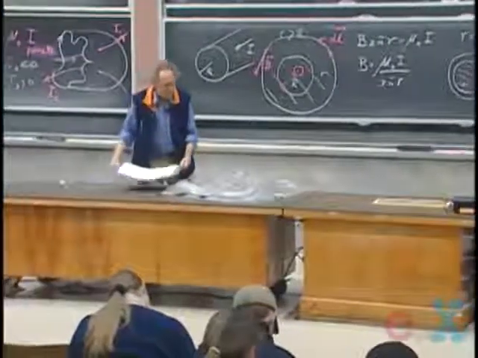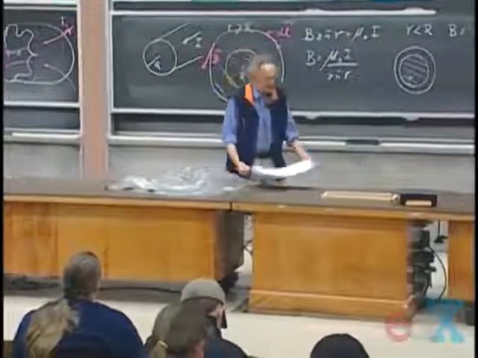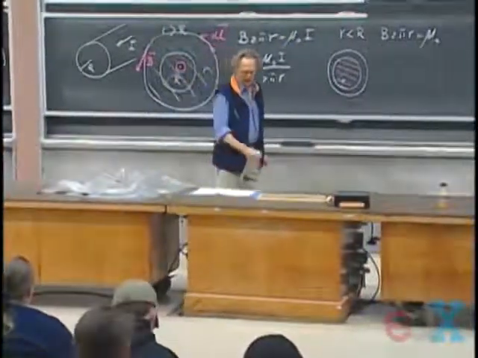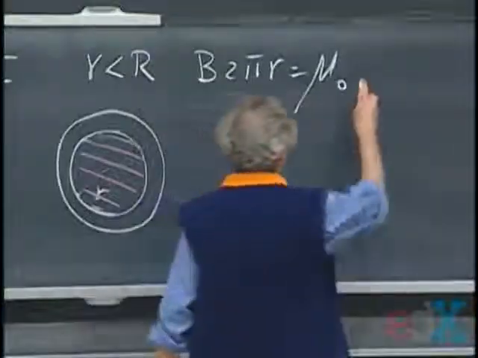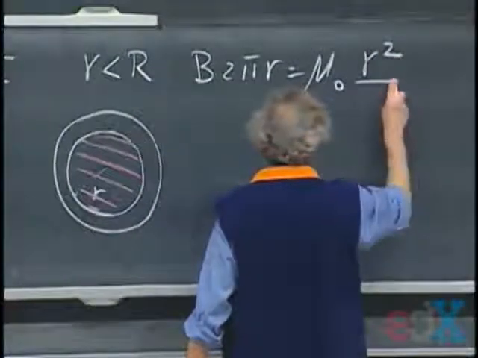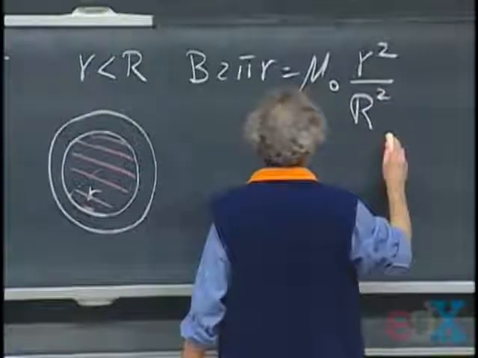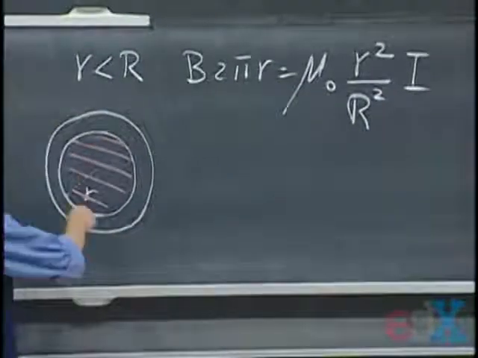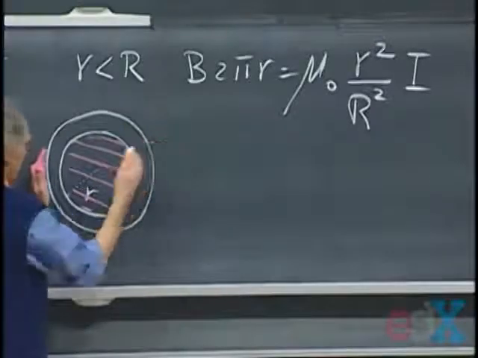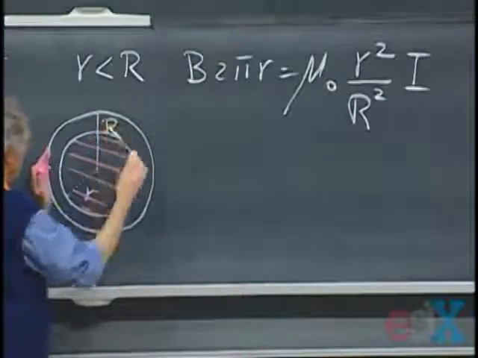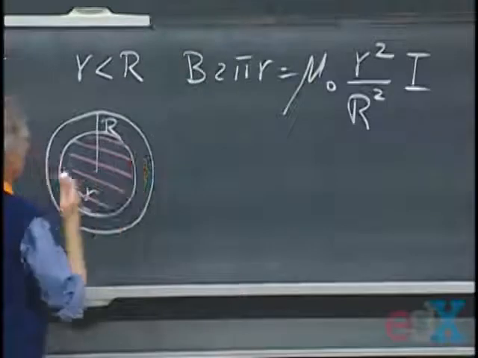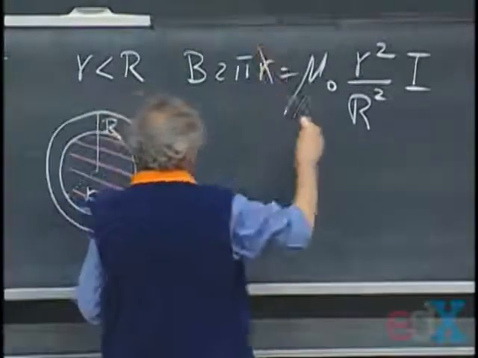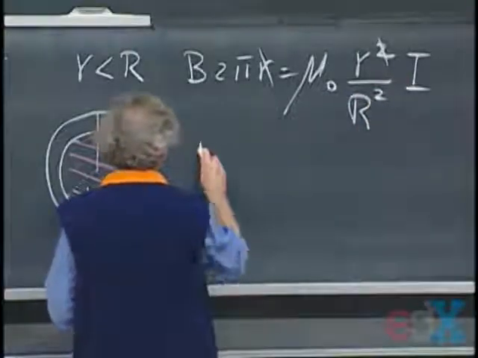Because now, not the full current I is penetrating my surface, but only a fraction. And the fraction that penetrates the surface is little r squared divided by capital R squared times I. You see, because the total current comes through the radius capital R, but I only have a circle with radius little r.